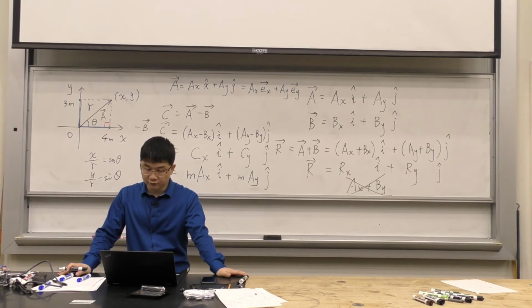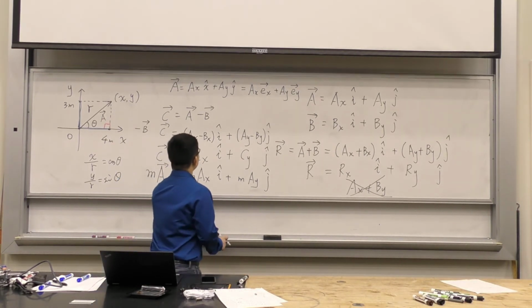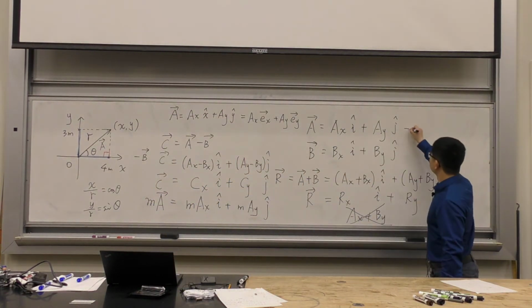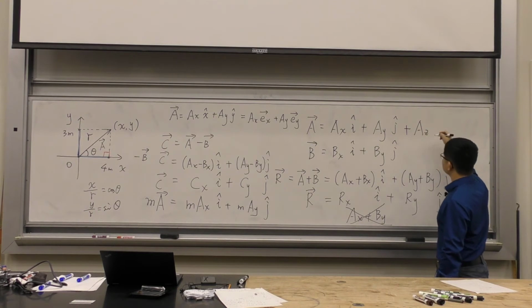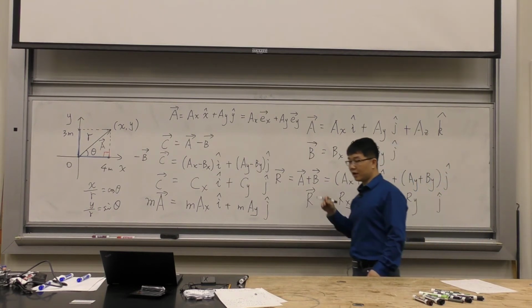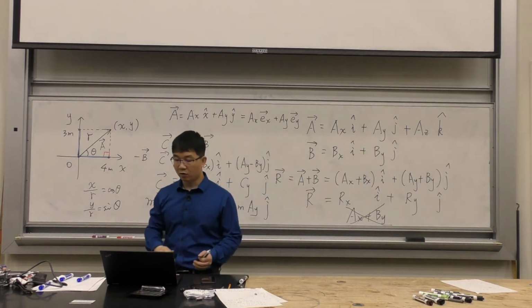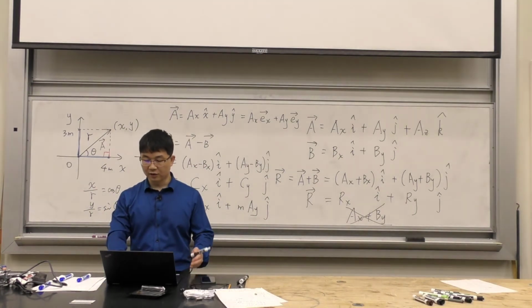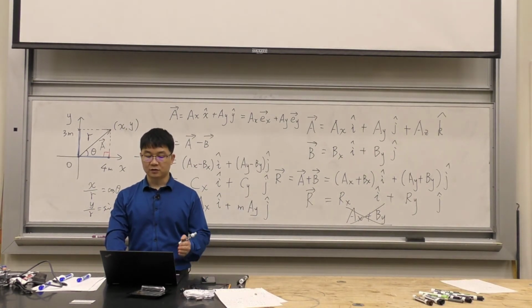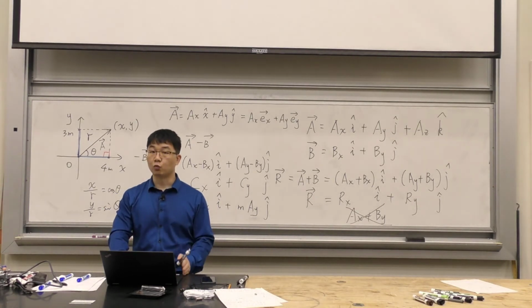And of course, if you go to 3 dimensions, the only difference is that you would have another component, and then usually we call it z component, and the symbol we use in this notation, we use k hat. So this i hat, j hat, k hat, they are called unit vectors in x, y, z directions. Why are they called unit vectors? Because the magnitude of these 3 vectors is only 1.